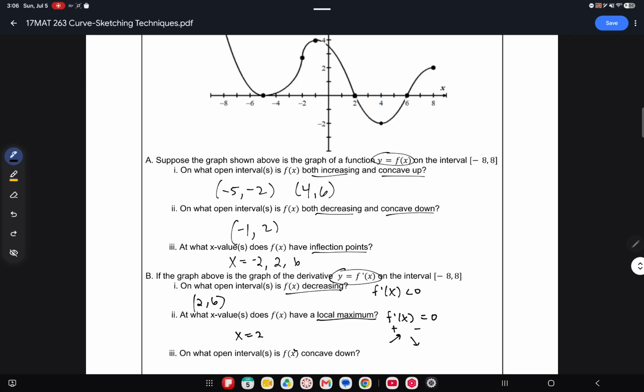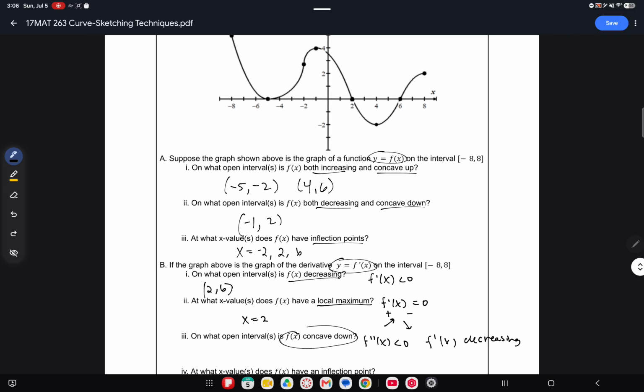On what intervals is the function concave down? Well, that's when the second derivative is negative, right? Or it's when the first derivative is decreasing, or the slopes are negative.